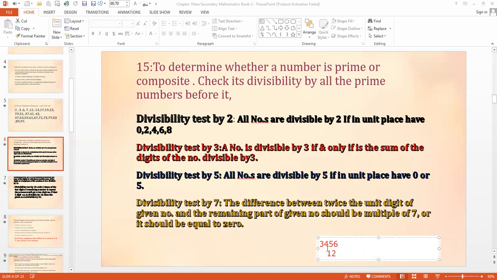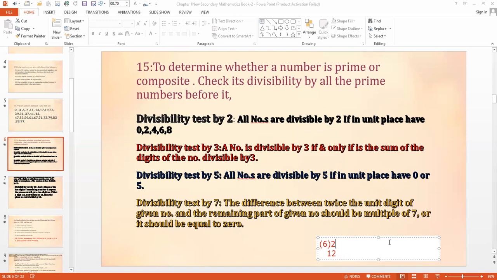Twice 6 means I have to multiply this 6 by 2. What is the meaning of twice? Obviously, we have to double it. So when I double it, it becomes 12.